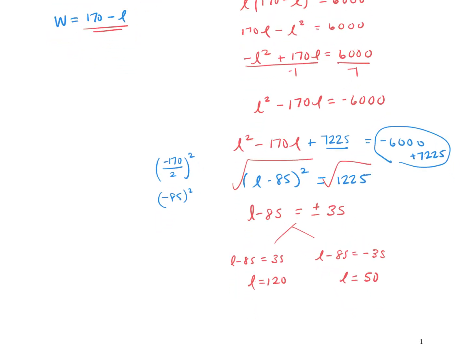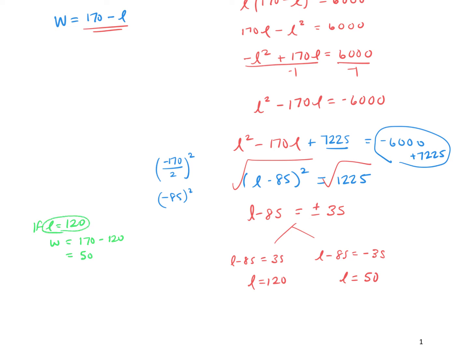If we plug those in, so just trying to change my marker color. Here we go. So if the length is equal to 120, then the width is equal to, remember we defined the width above. We said the width was 170 minus the length. So 170 minus 120, we have a width of 50.